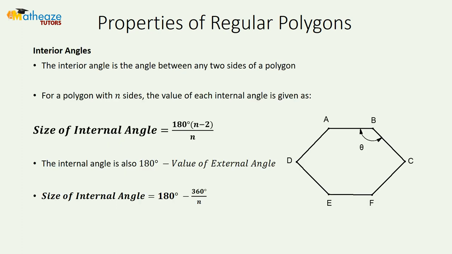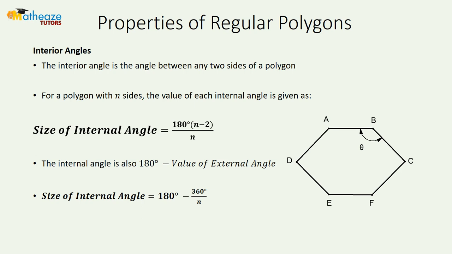Now let's examine interior angles. The interior angle is formed between any two sides of the polygon. You can see here in this polygon, we have ABC. The interior angle is formed between AB and BC.